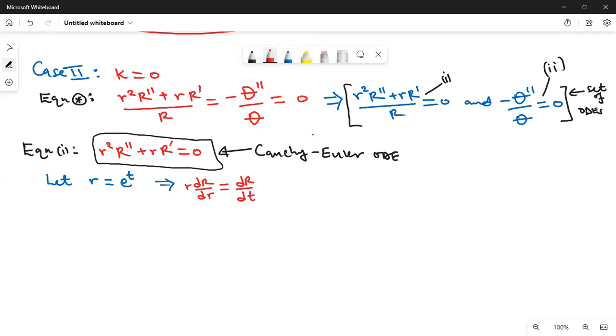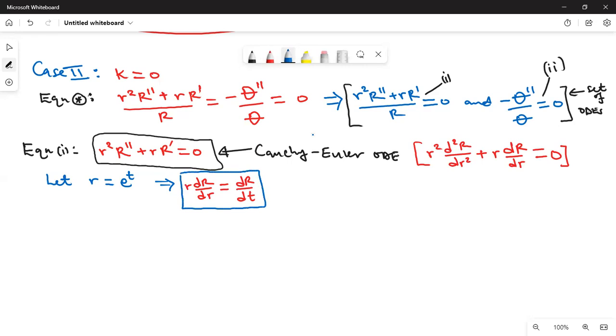Where we have R prime, that is the same as dR over dr. Let me write this equation a better way: r squared d squared R with respect to r squared plus r dR dr should give us 0. That is the same equation, instead of using the prime, so that you can see it in a better way.